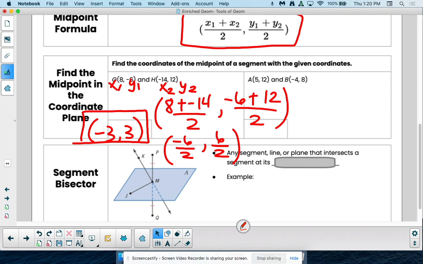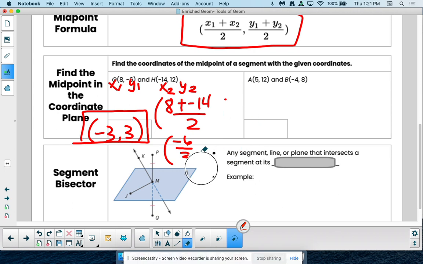Will you guys try that second one, and I'll give you a head start, and I'll come check on you. So same type of problem, just different numbers. Plug into your formula.